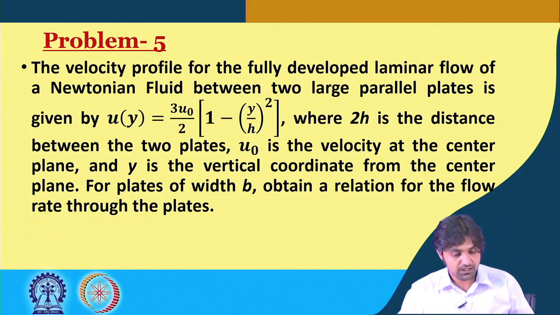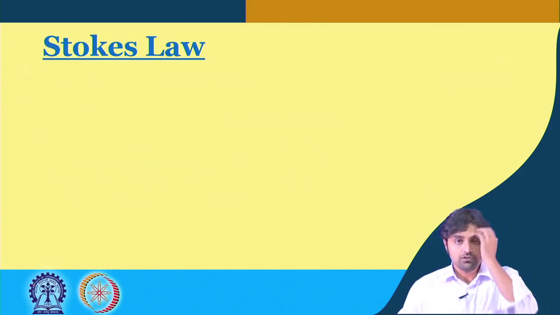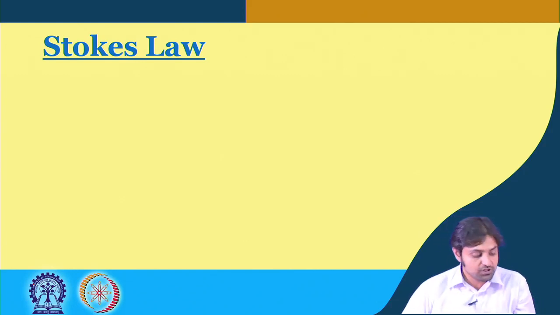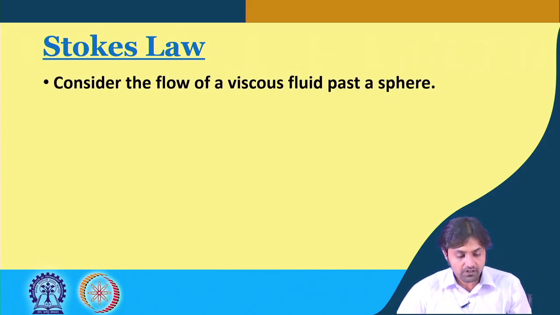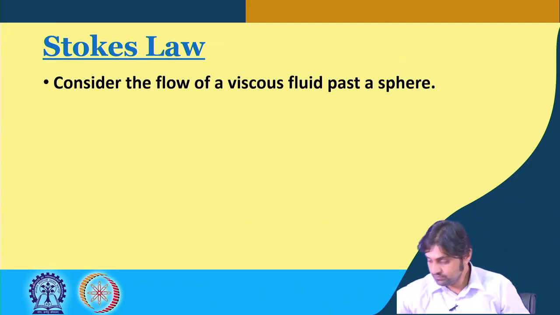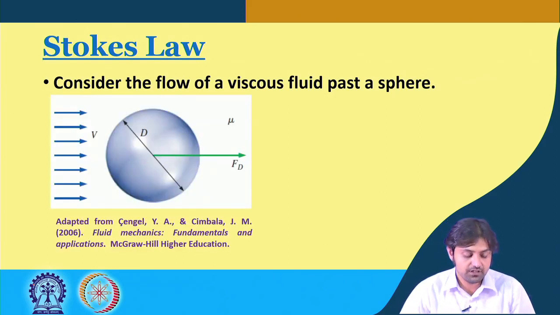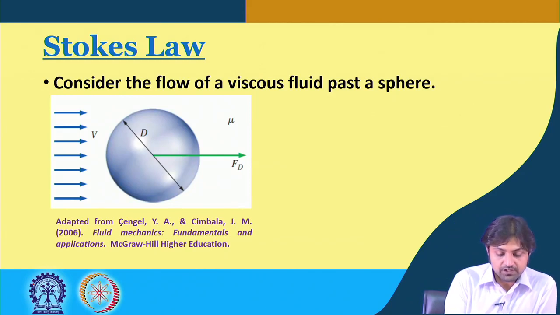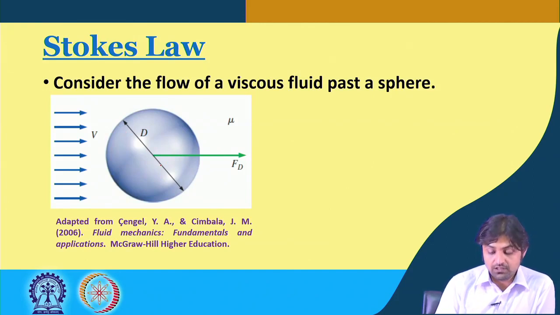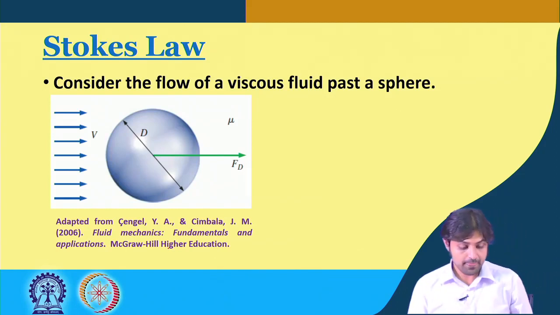All right, so we now proceed to another concept called Stokes law. If we consider viscous flow past a sphere, there is a flow of velocity V coming onto the sphere, the diameter of the sphere is d, and mu is the fluid viscosity.